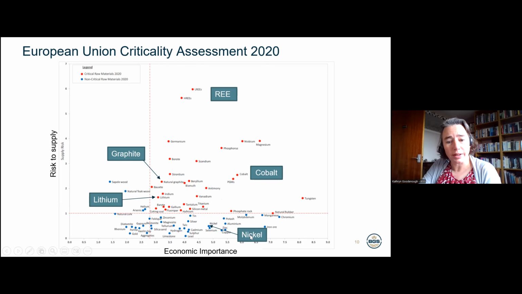And then if we look lower down here, nickel, which is used in batteries, and also manganese is down there in that bottom quadrant as well. These raw materials are seen as having very low risk to supply, even though they're quite economically important. And that's because these are produced on such large scales that they're really produced all over the world.